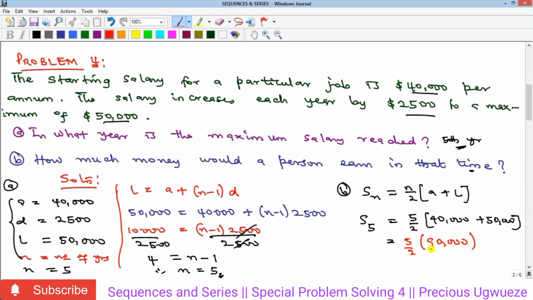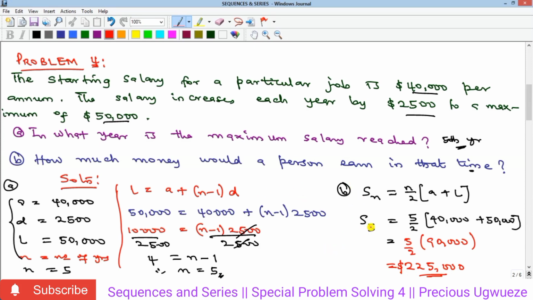When 2 divides 90,000, you get 45. 45 times 5 will give us 225. So you have $225,000 as the total amount that this person would have earned in the number of years under discussion.